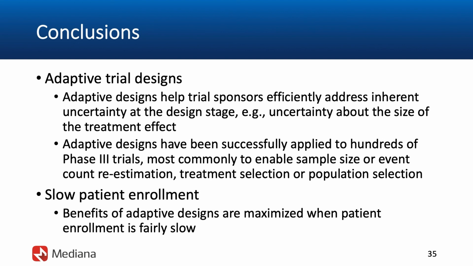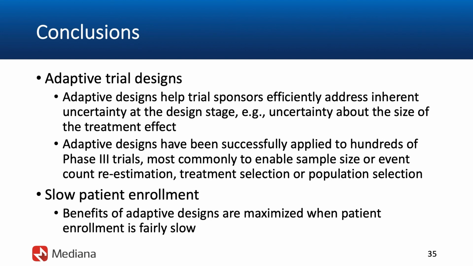For example, there could be substantial uncertainty about the anticipated size of the treatment effect, as in the VALOR trial, and the sponsor could then mitigate that risk of improperly sizing the study by employing an adaptive design with an option to increase the number of events or the sample size if the interim data suggest that this increase would be beneficial.